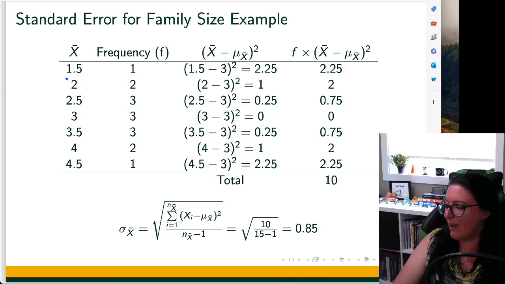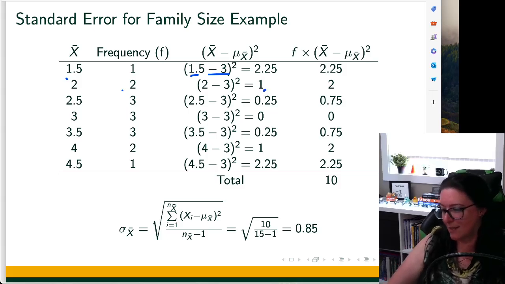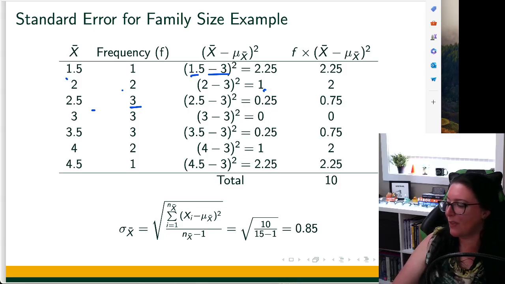We looked at that standard deviation before, and that's all that's happening here: taking the square of the differences and adding them all up. Because there are 2 in this frequency, then it's 2 of this number if we're adding them up, 1 plus 1. That's this extra piece here. There were 3 of the difference between 2.5 and 3, so that's why the 0.75 in the formula to get that standard error.